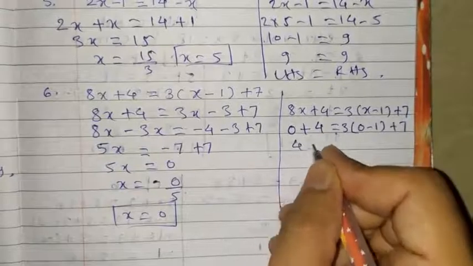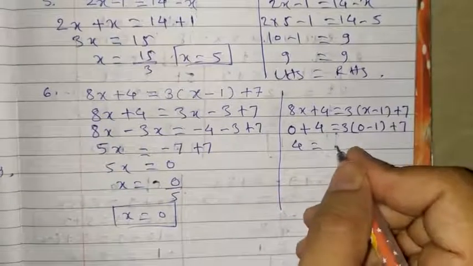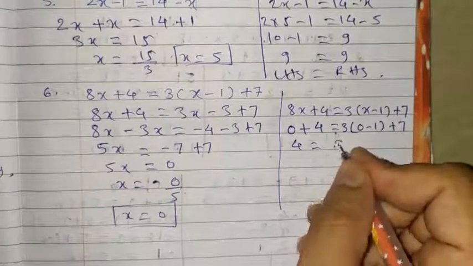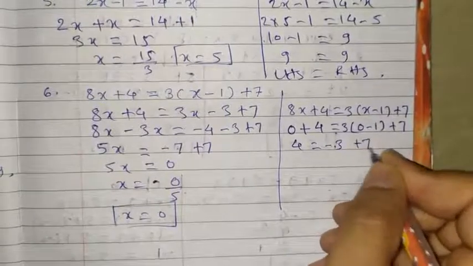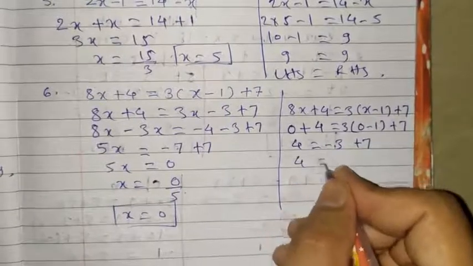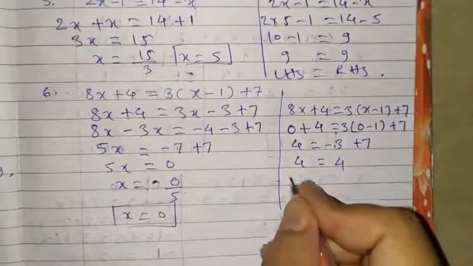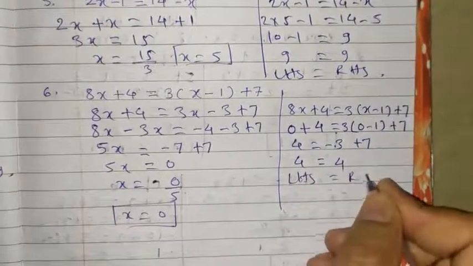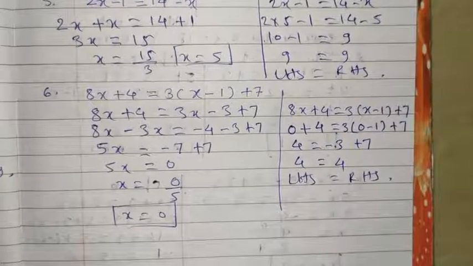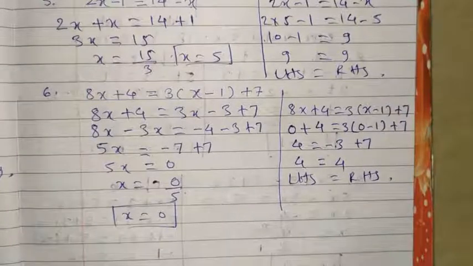So here it is 4. 3 into 0 is 0. So here 3 into 1 is 3. Sign is minus plus 7. So here 4 equal to minus 3 plus 7, 4. So finally LHS is RHS. Both sides are same. So our answer is correct. After this we will go to the next question.